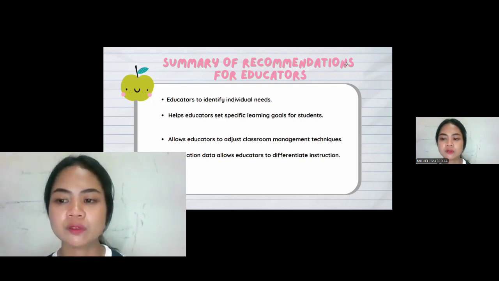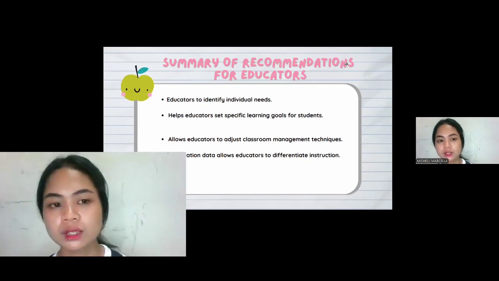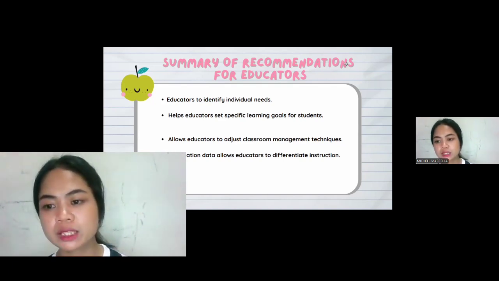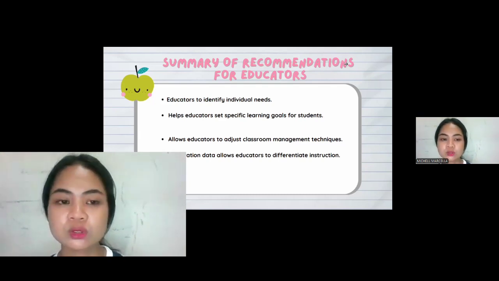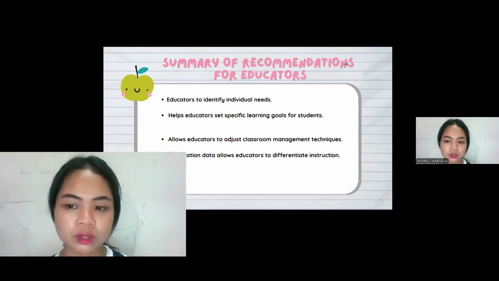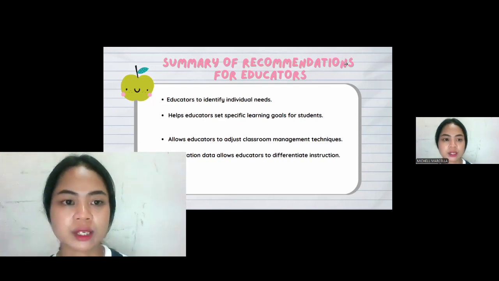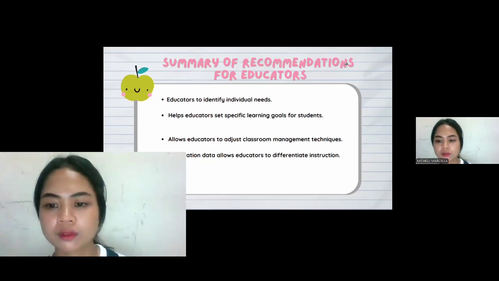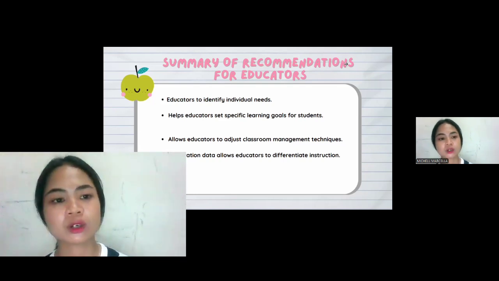For example, if a child consistently struggles to follow instruction, a learning goal could be set to improve their ability to listen and respond to the teachers. And then it allows educators to adjust classroom management technique. This is because the educator can adapt their classroom management strategy accordingly.